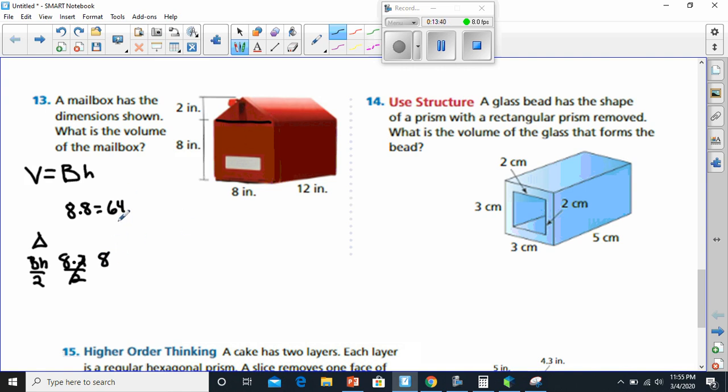We're going to add 8 and 64, and 8 and 64 are going to make 72. So now we know this whole area is 72. Okay? And now that we found that that's 72, we have to multiply 72 to the height, which is 12.